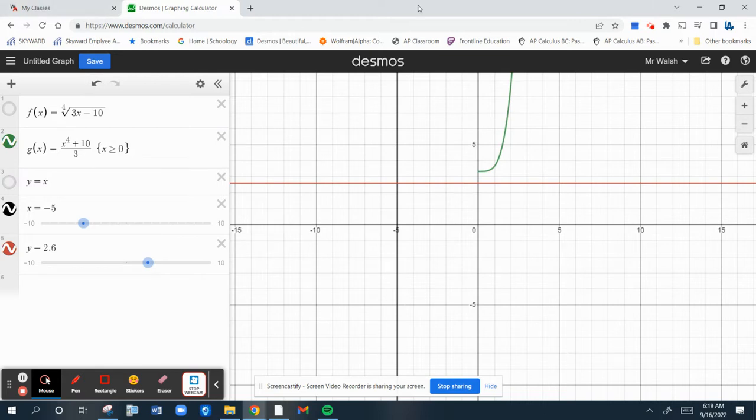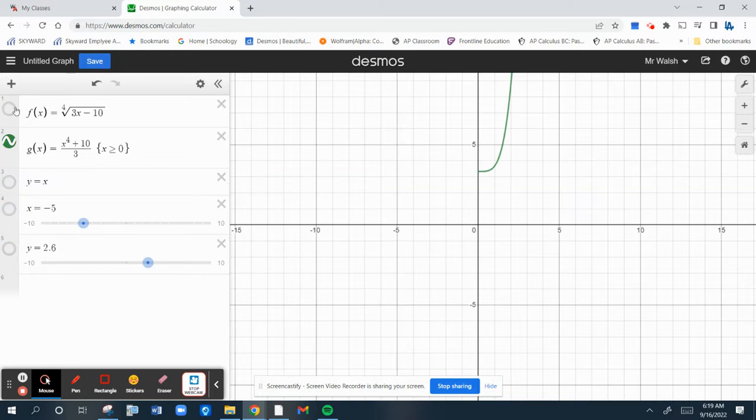So now that we're past that, another thing with the graph we should say, you can tell if two graphs are inverses of each other, or you can get a hint if they're inverses of each other, if they are reflections along the line y equals x. So let's just check these two functions out to see if they have a chance to be inverses of each other.